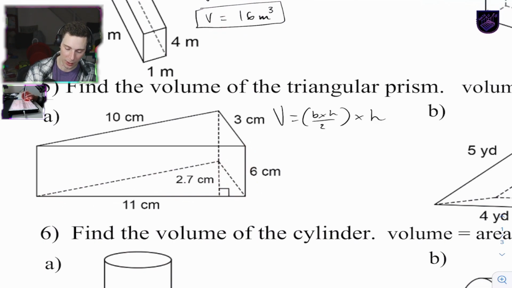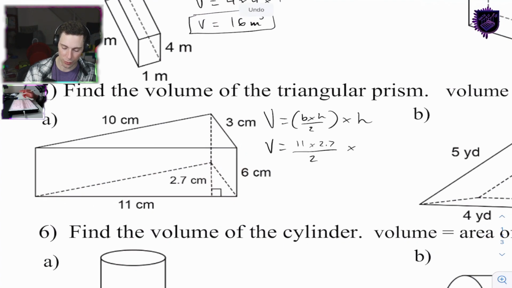Tricky one. Volume is equal to 11 times 2.7 divided by 2 times the height of the prism, which is 2, right? The area of the base times the height of the prism.